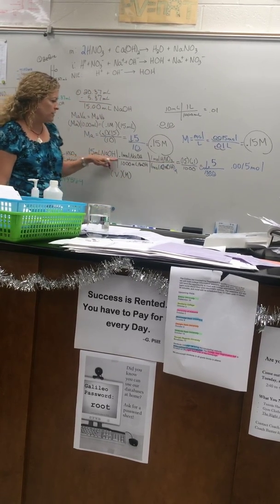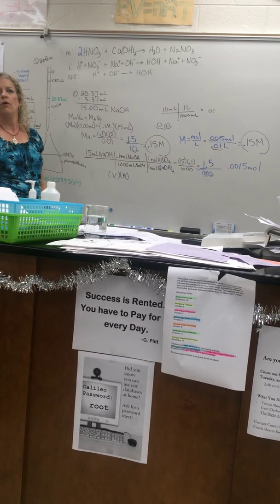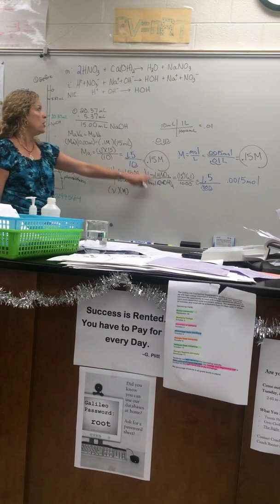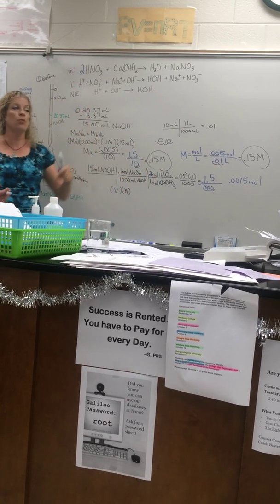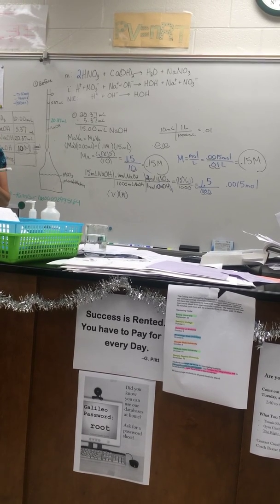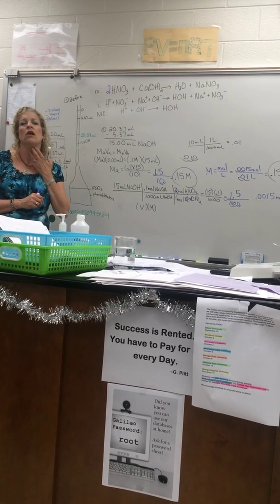What would have changed about this bridge? Where would the 2 go? Would it go with the calcium hydroxide? No, it would go with the HNO3. And so you would end up with 0.3 molar. You guys see that? That's why it's important to know that process as well. I'll go ahead and stop.